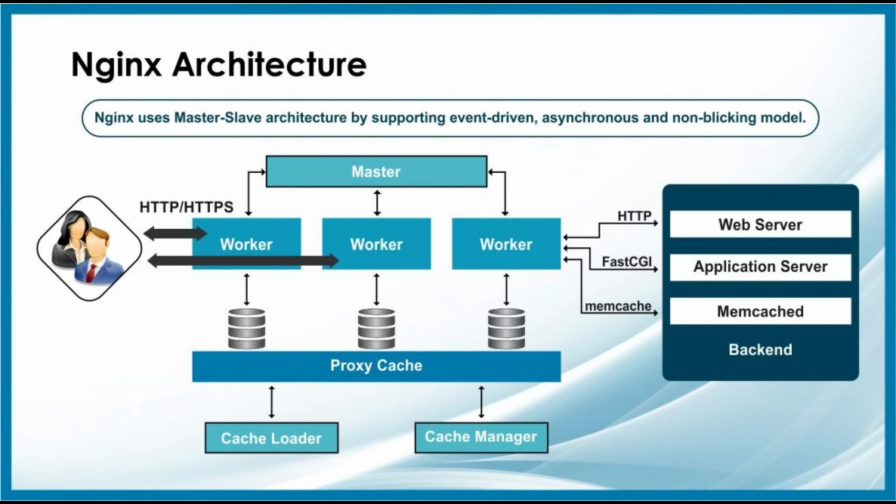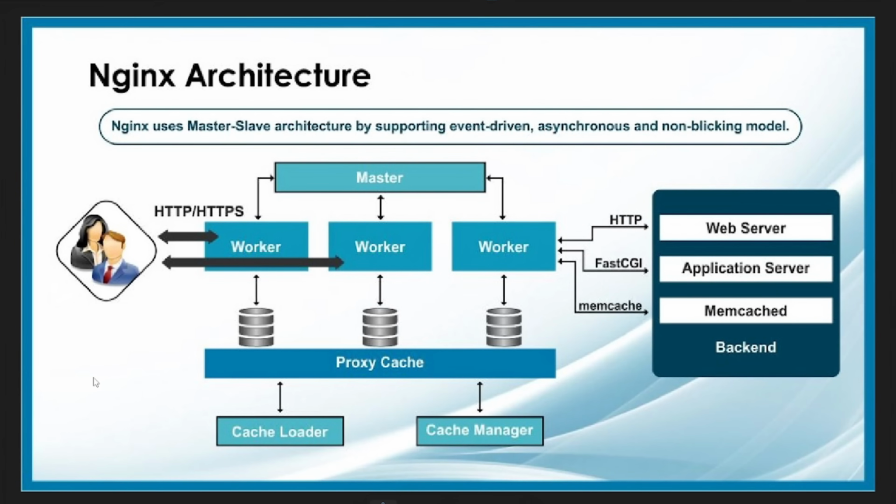So today we will discuss how Nginx works and how the architecture is designed, so that I would be able to explain its components, how these components interact with each other and work. So let's start.